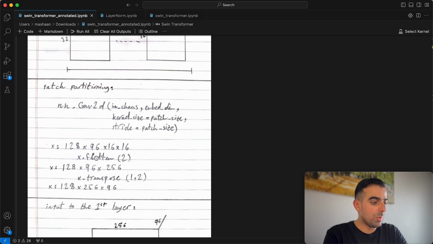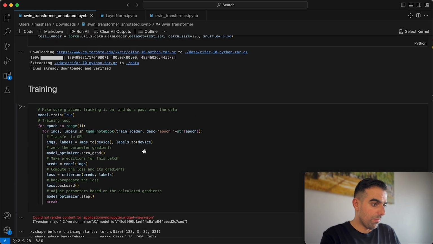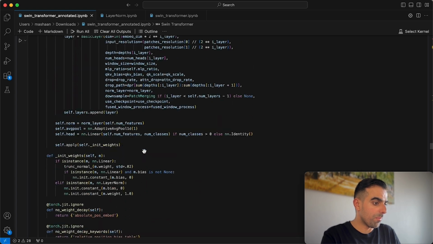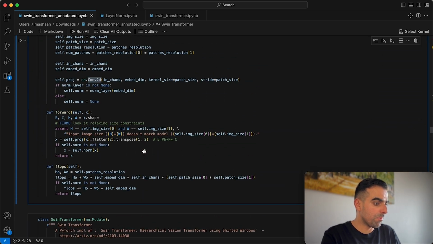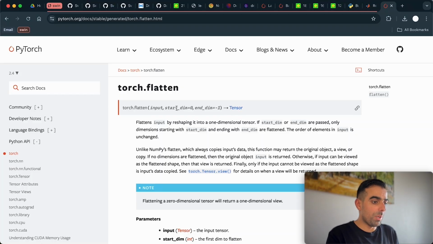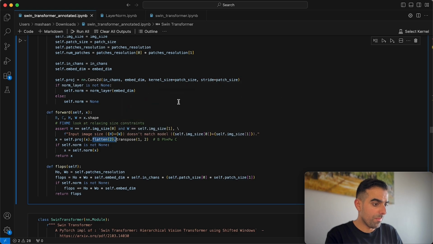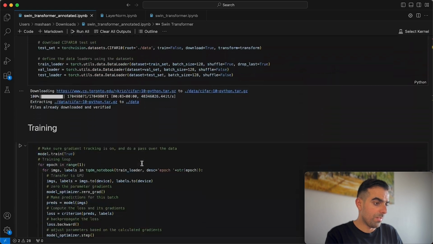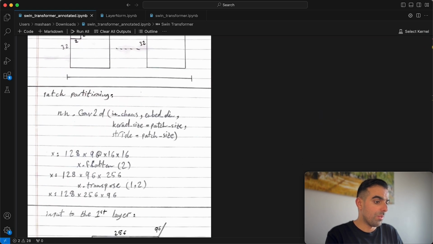Then we flatten from dimension 2. Flattening in PyTorch is just flattening the dimensions. We're giving it 2, which is this dimension: 0, 1, 2.